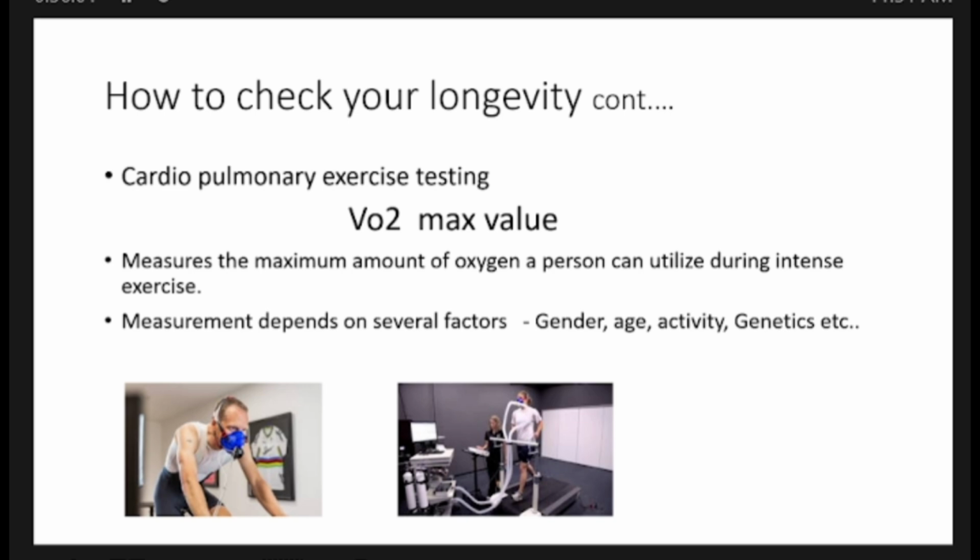So our recommendation is mild to moderate exercise as the initiation part. But if you want to have a long life, you have to consider doing vigorous and high intensity exercise. The value depends on several factors like gender, age, activity, and genetics. The good part with VO2 max is that you can increase it with your activity, and it reduces with age, but you can compensate if you are doing more exercise.